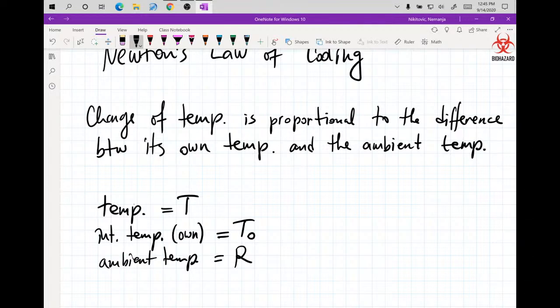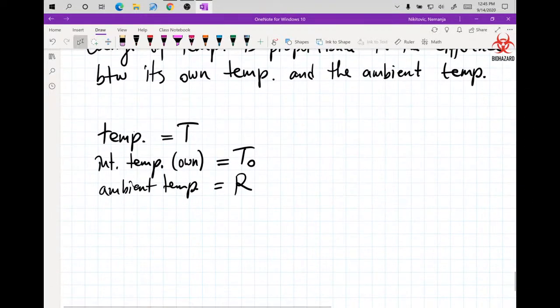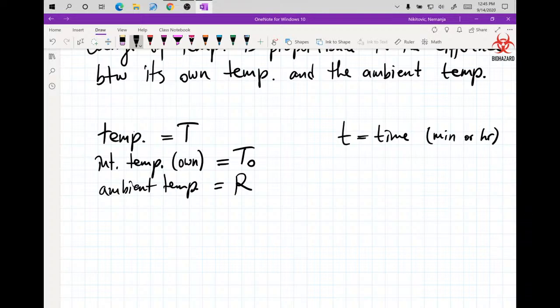And usually people put capital R, but you can have TA, you can put whatever you want, no one cares. t is going to be time. You can do minutes or hours. And eventually there will be k. I'll just say oven constant, oven constant if you are baking a chicken.